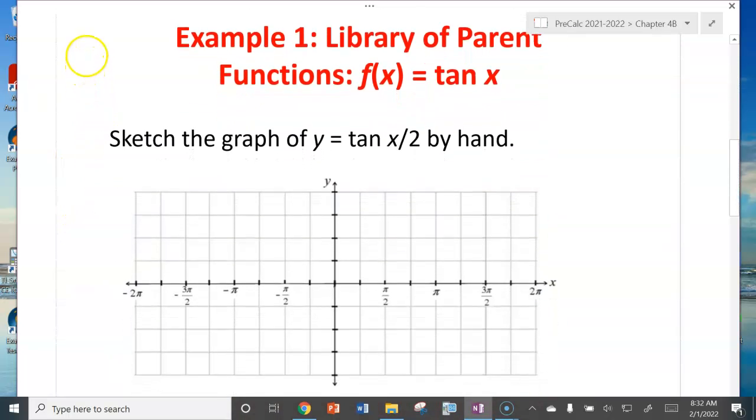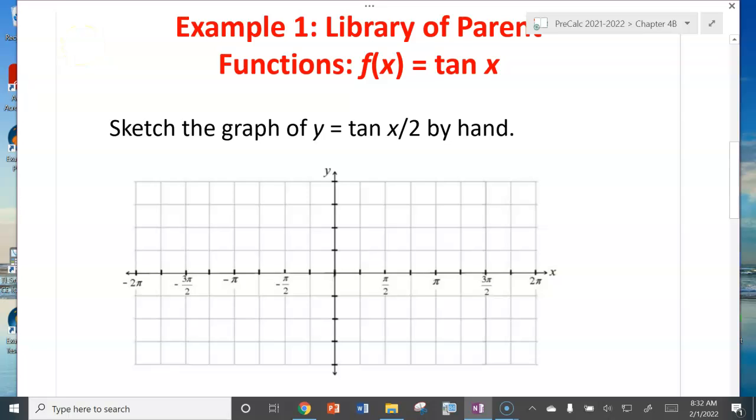First one up is tangent. And the first thing I would like to show you is just the graph of y equals tangent of x. And so to do that, we're going to have an xy table where y is the tangent of x.